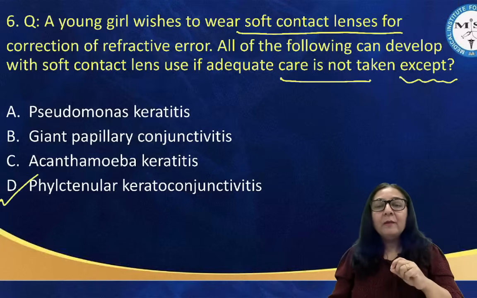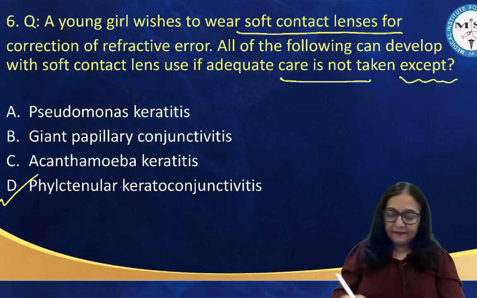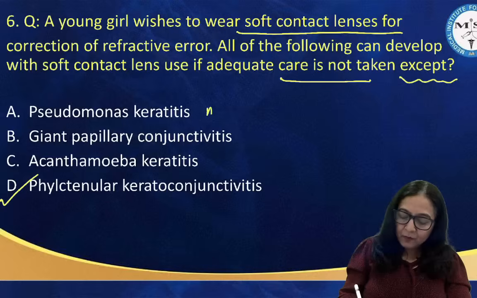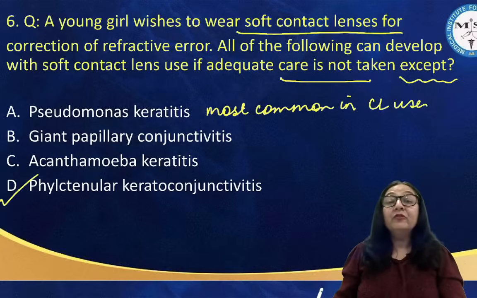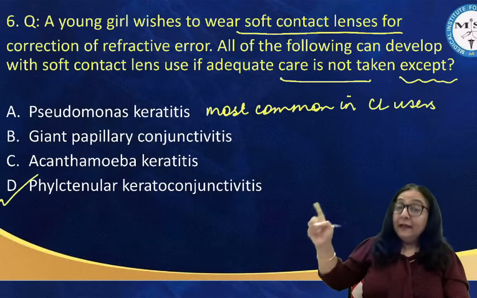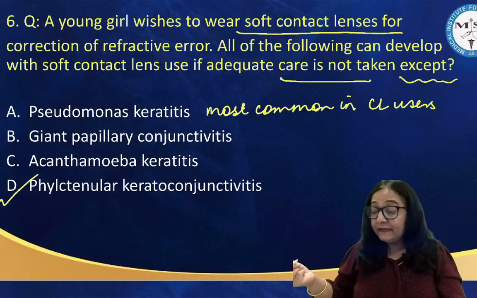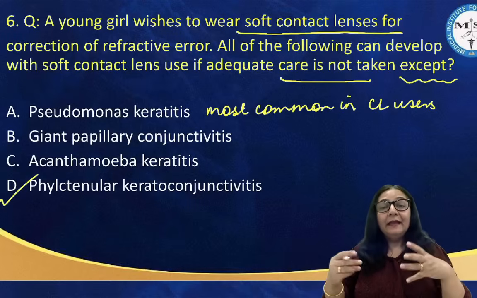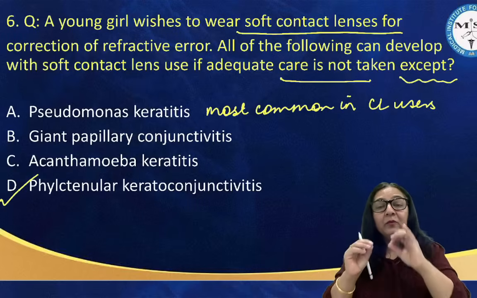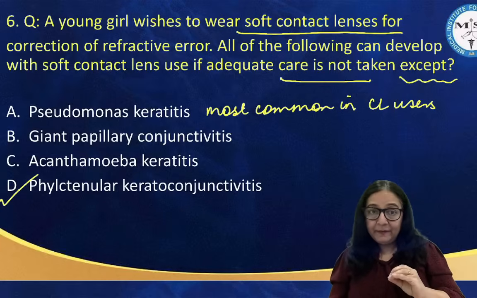The most common cause of infective corneal ulcer in soft contact lens users is Pseudomonas. Then acanthamoeba is the second most common. Again, contact lens use is the most common risk factor for acanthamoeba.